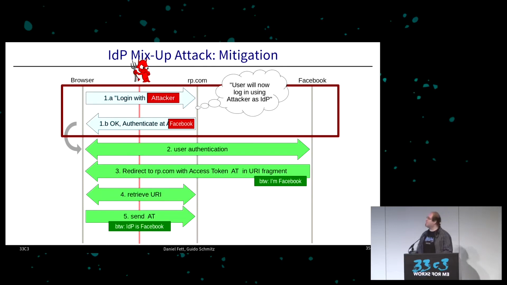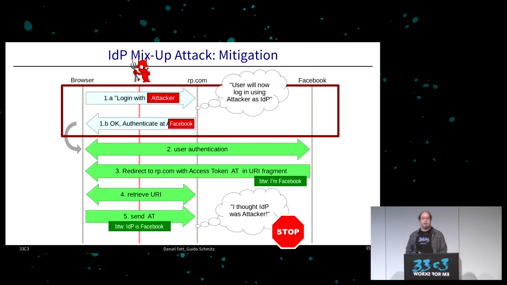If you have this information carried along, then the relying party can easily detect this attack and see that there's a mismatch between step 5 and step 1A, where the relying party received the message that the attacker identity provider is to be used, and in step 5 it gets the message, "here's an access token and it's from Facebook." So there's a mismatch and this whole flow can be aborted without the attack being successful. So this is the mitigation.